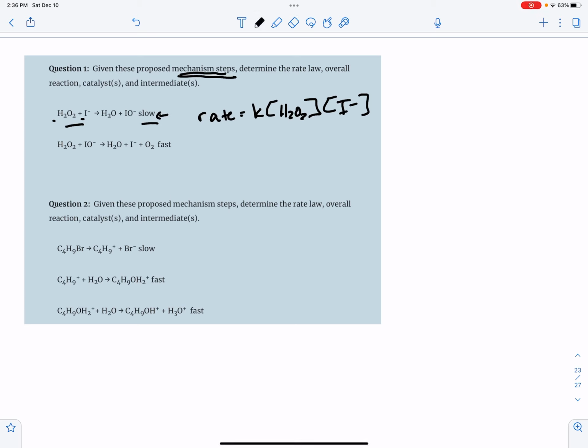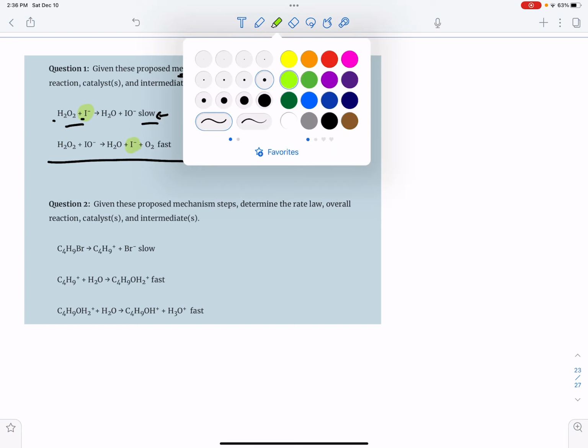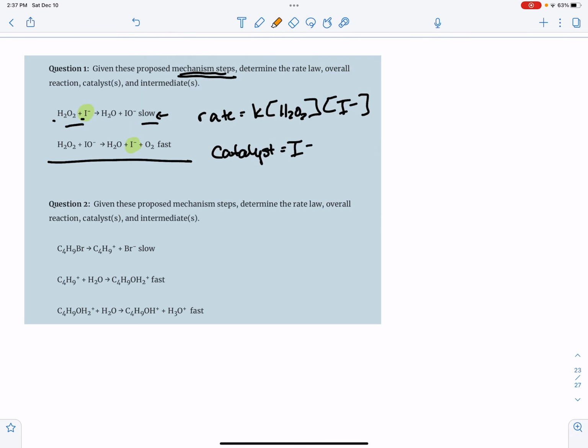All right, so then on this next one, determine the rate law, the overall reaction. Oh, and I didn't mention all the rest of it. Sorry, on this one. Let me go back. So remember, catalyst is something that is on there initially and at the end. It's kind of like a reaction helper, and you don't use it up, which is great because a lot of catalysts are very expensive or they have high value in the body, and thus it's complicated for the body to make catalysts.